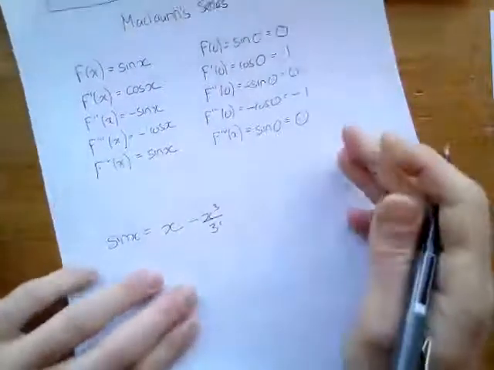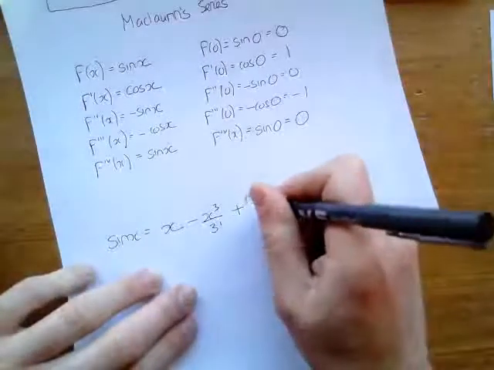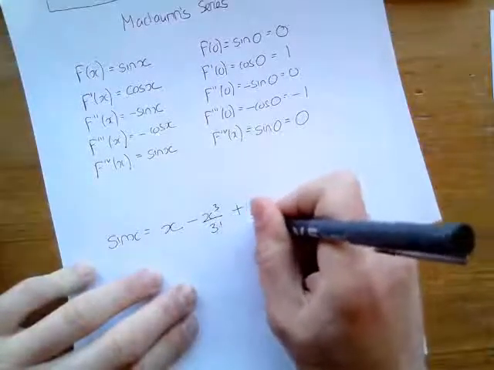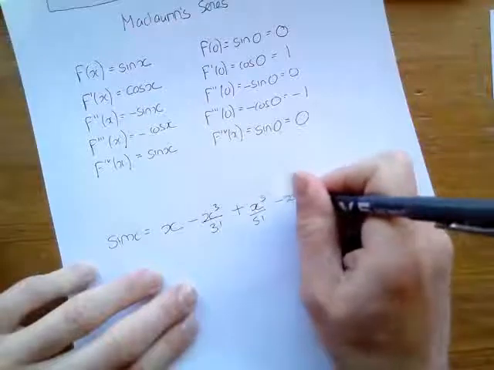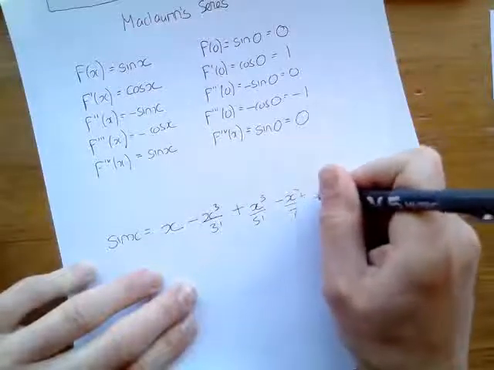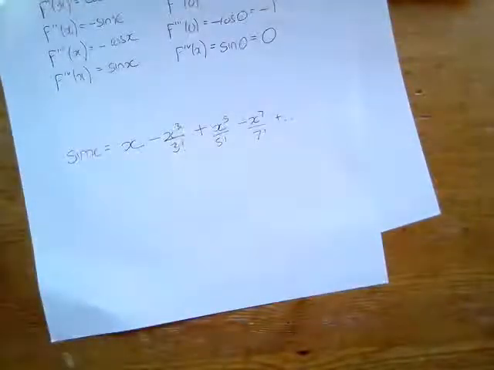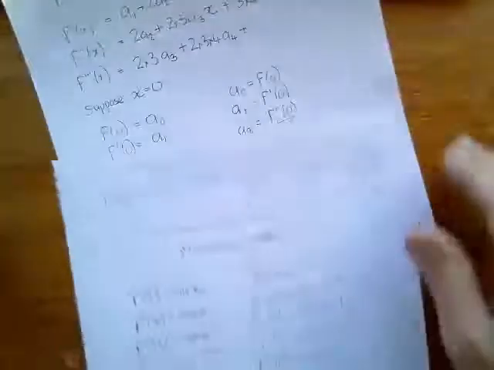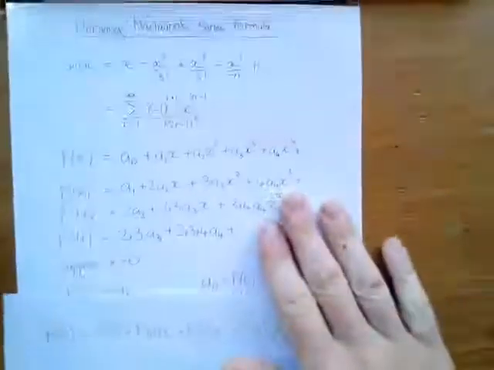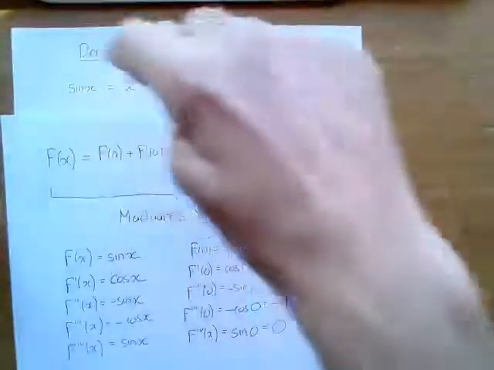That wouldn't be the next term, but the next term after that would exist, and it would be x5 over 5 factorial. And then I'd get the x7, etc, etc, etc, and we're done. So there you are. That is how you go from sine x to that.